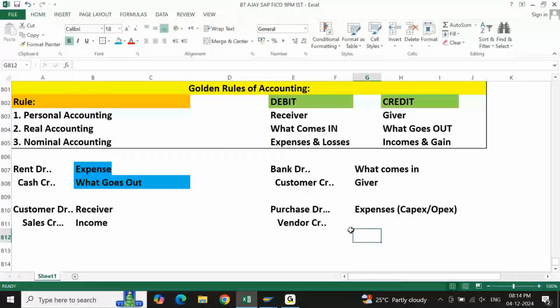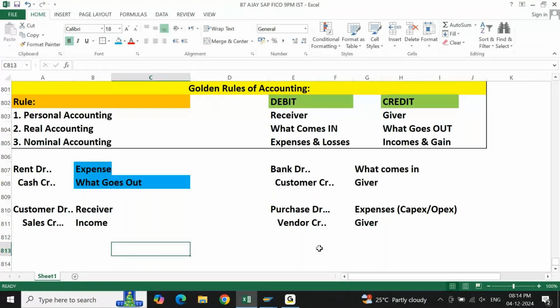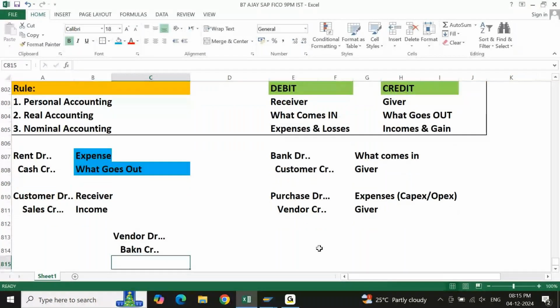Now, why are we putting vendor account credit? Vendor is a giver. For example, if I put another accounting entry here, vendor debit, bank credit. Why am I debiting vendor here?